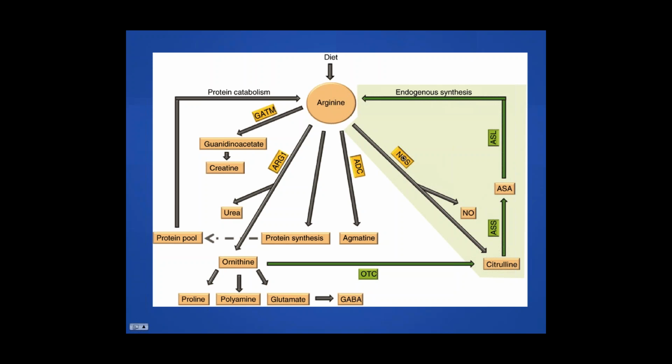If you're inhibited here, then arginine is going to go this direction. So arginine can be a good thing in creating nitric oxide. However, if you have this variant here, then arginine probably is not going to be the best way to do that.